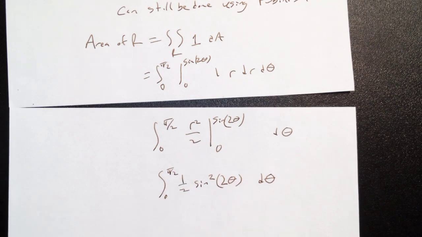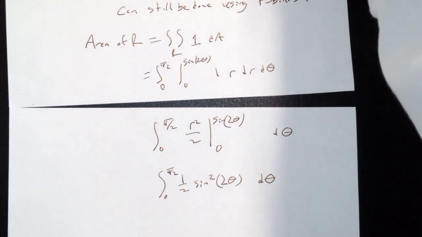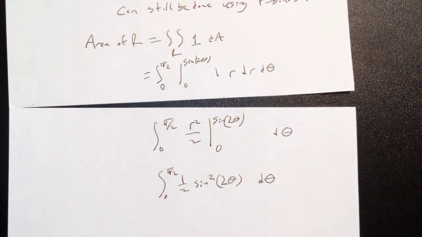And I'm back in the same boat we just were about needing that same trig formula, because I have a sine squared. Well, crud. But because I have that sine squared, I can use the formula we were just working with.